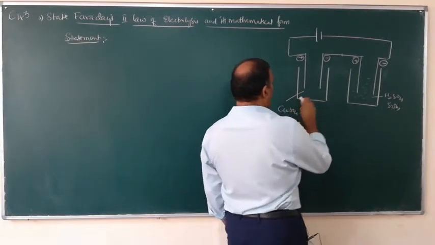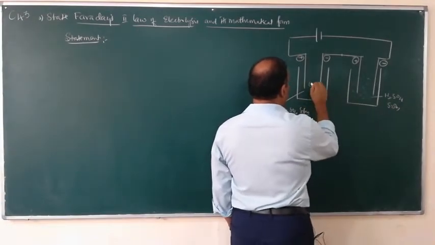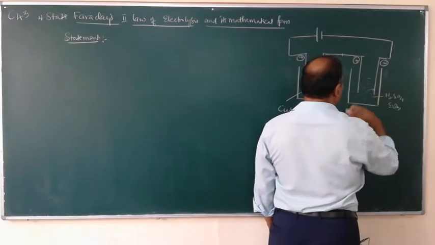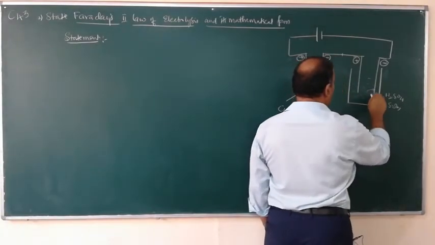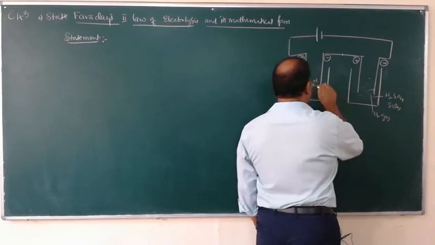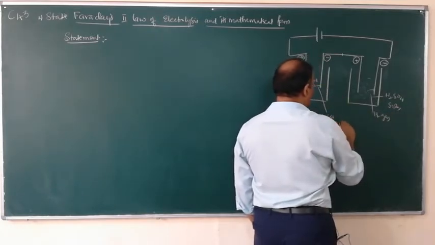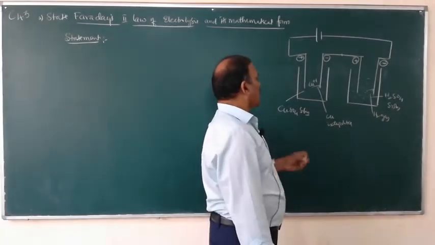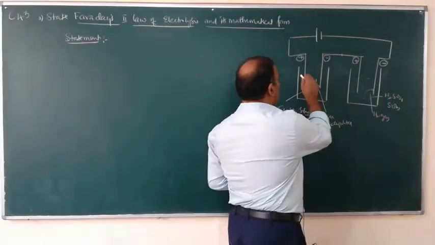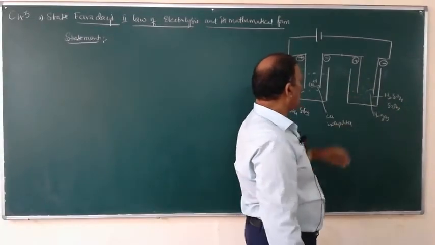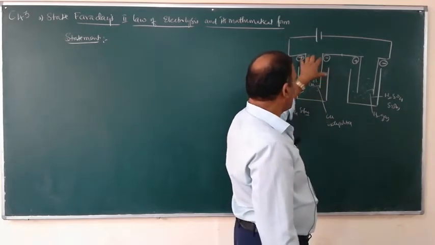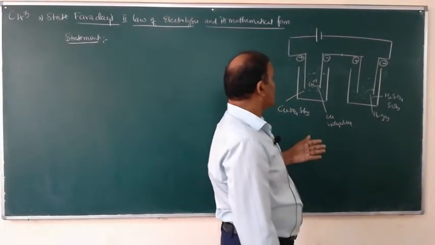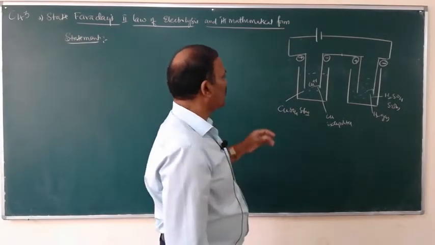So, here copper ions get deposited as copper on this electrode, and hydrogen ions, after reaching the electrode, are converted into hydrogen gas. So, this is a solution of one electrolyte and this is a solution of another electrolyte. To these solutions 2 electrodes are introduced and they are connected in series. So, what is the statement of Faraday's second law of electrolysis?